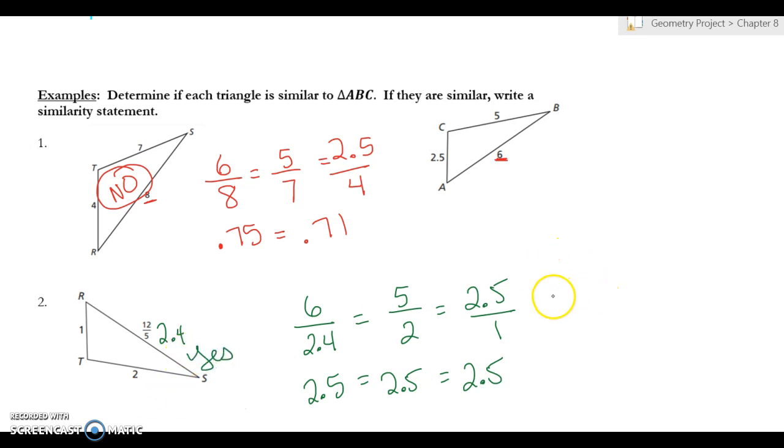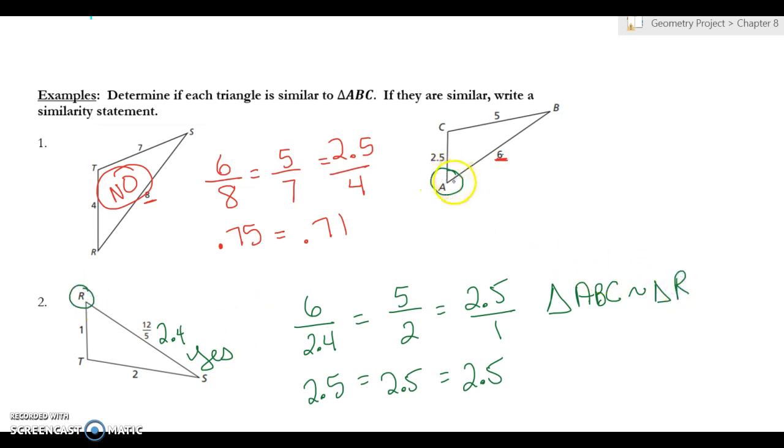So what we have to write is our similarity statement. So triangle ABC is similar to triangle. Okay, so A was between the biggest side and the smallest side. So that's the same as R right here.